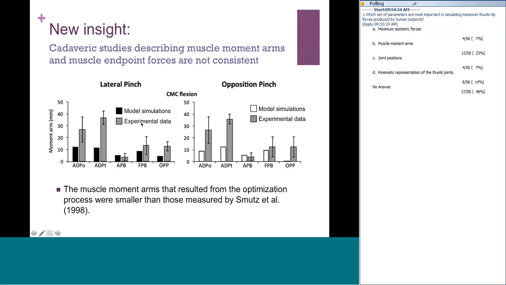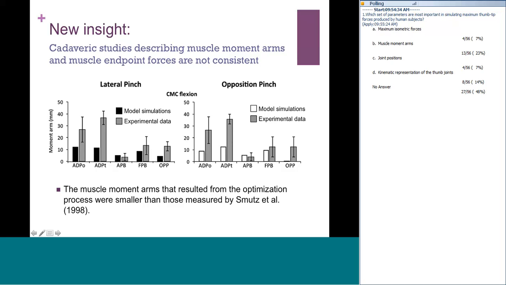The gray bars with the standard deviations are the experimental data from the Valero Cuevas 2003 study. I'm actually saying the wrong thing here. This is experimental moment arm data, the experimental data from the SMUT study of what the moment arms are through the 5 intrinsics. So these are from, I think, 11 cadaveric specimens, so we see a standard deviation dealing with the variability across specimens.